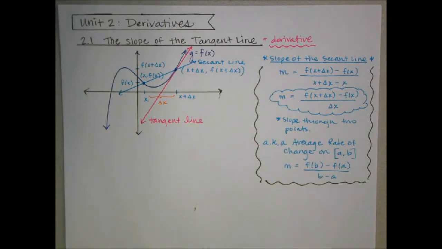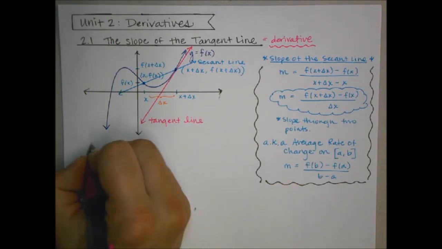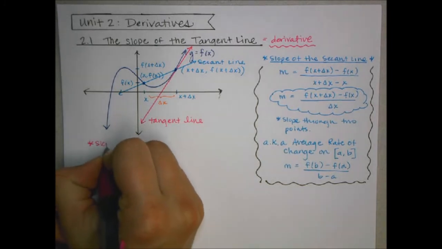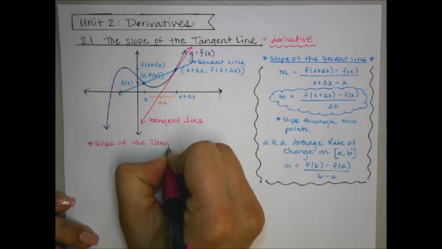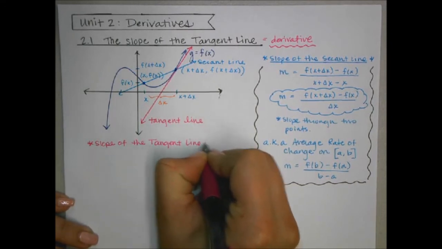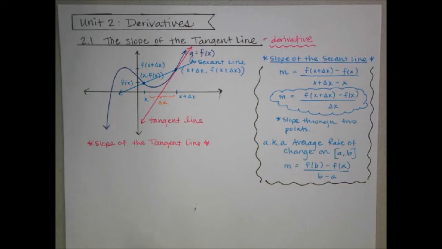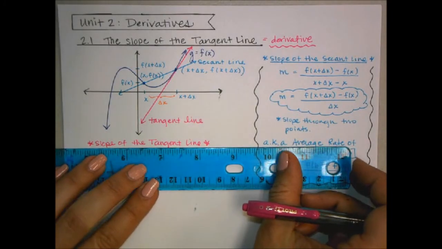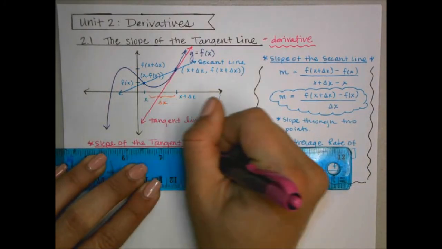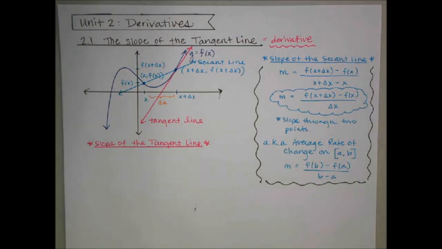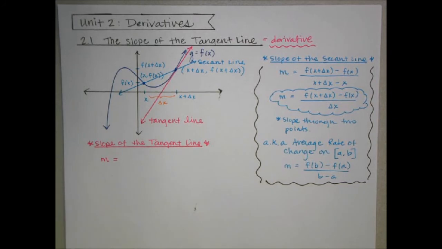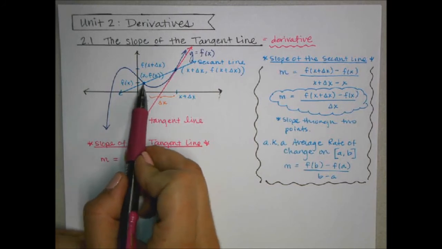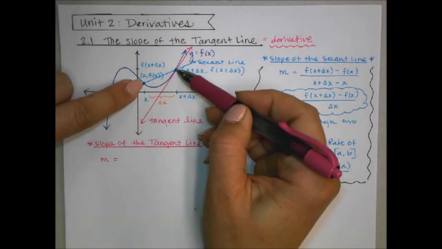We're going to go over here and talk about the slope of this line. Right. So what did we do to get to this line? We took this point, we slid it along our graph until it ended up here.